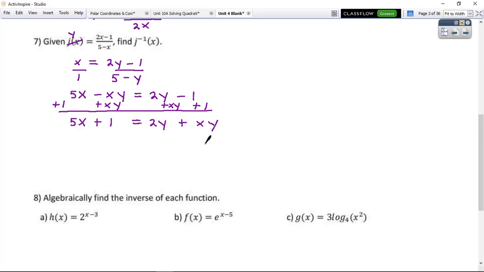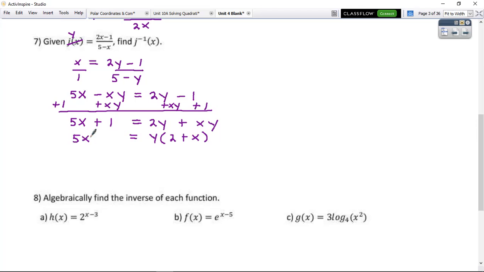The next step is not the most natural for students to usually see. Anyone have an idea what we can do on the right? Yes, excellent. Greatest common factor. You're going to take a y out and make it look like this, because then you can divide that expression over.